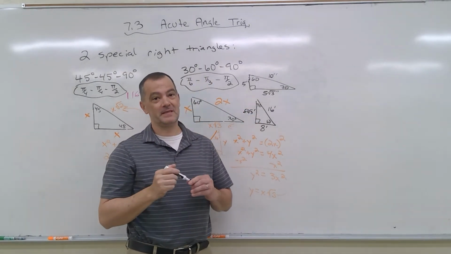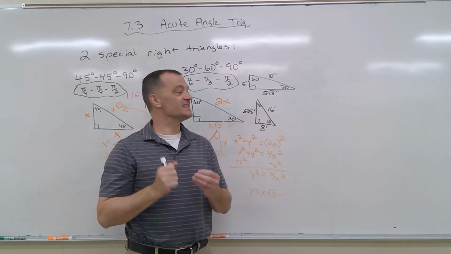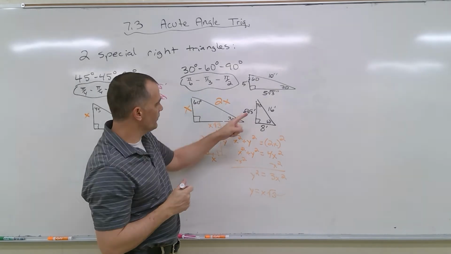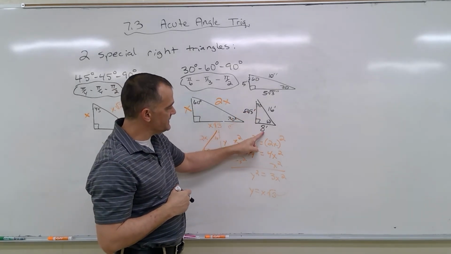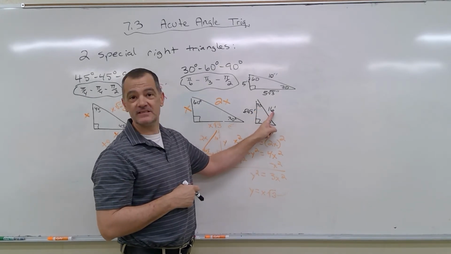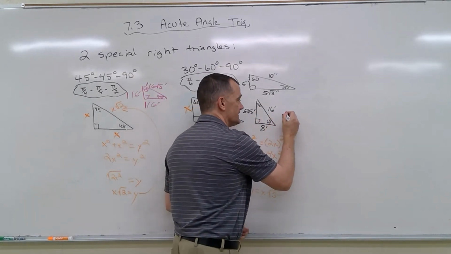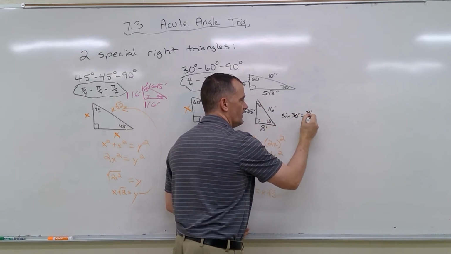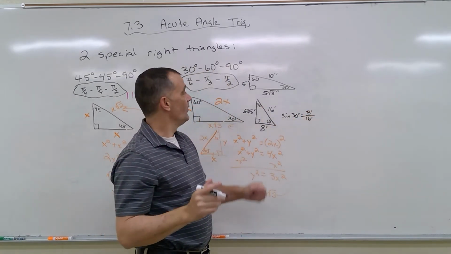So now, if I wanted to find the sine of a 30 degree angle, sine would be opposite over the hypotenuse, 8 over 16. The sine of 30 degrees is opposite over the hypotenuse. Watch this.